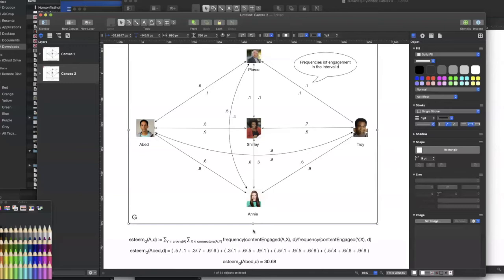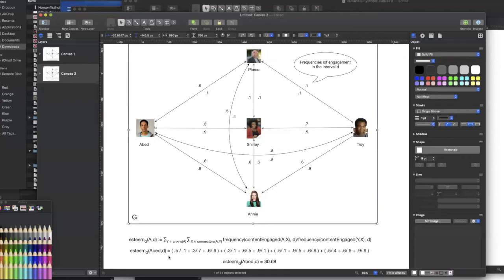But you have to look at the triangles, right? So first of all, let's just count how many triangles there are. There should be 1, 2, 3, 4 big components, because Abed is connected to Pierce, Troy, Shirley, and Annie.